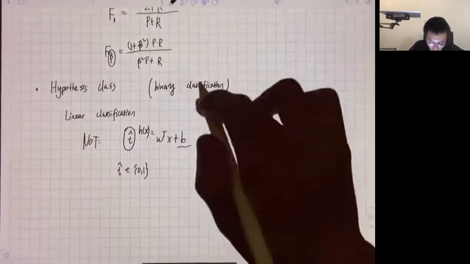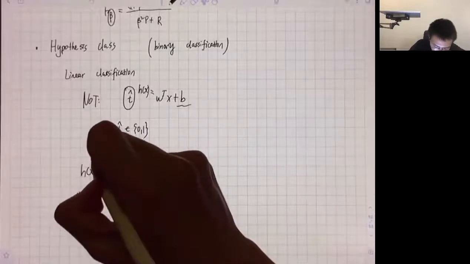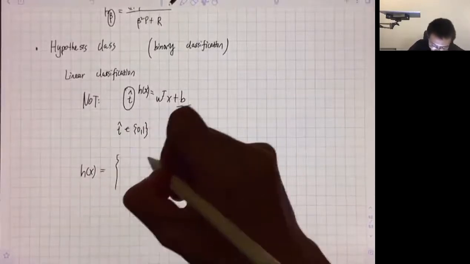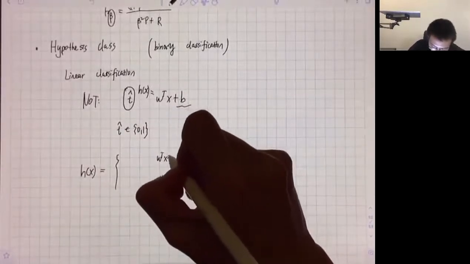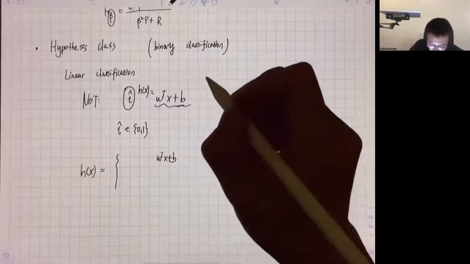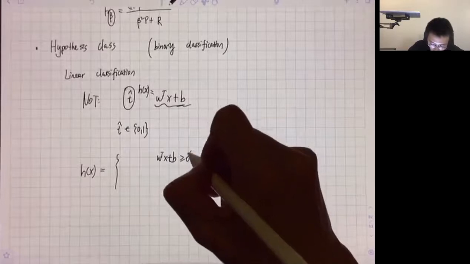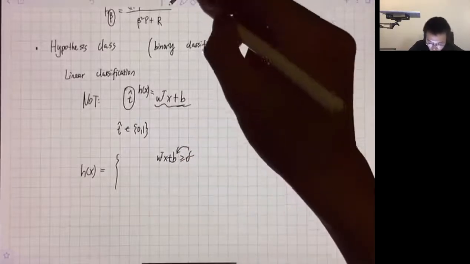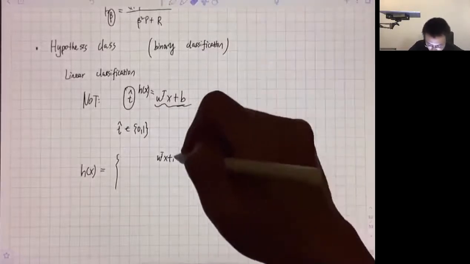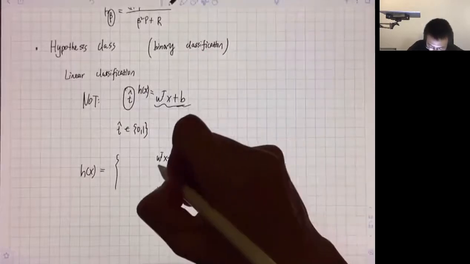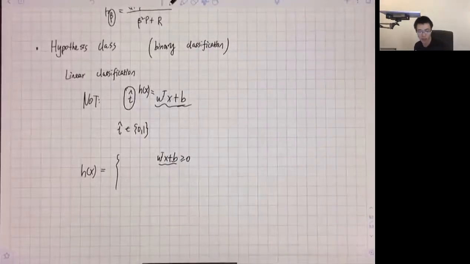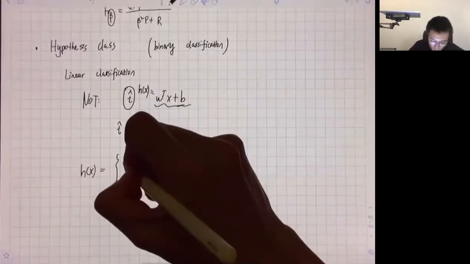The hypothesis should be a step function saying, if your goodness is greater than or equal to 0, or some number, but you can absorb the number into B, so I just say 0. So if this is a goodness, which is a linear function of your input, and the goodness is greater than or equal to 0, then I predict 1.